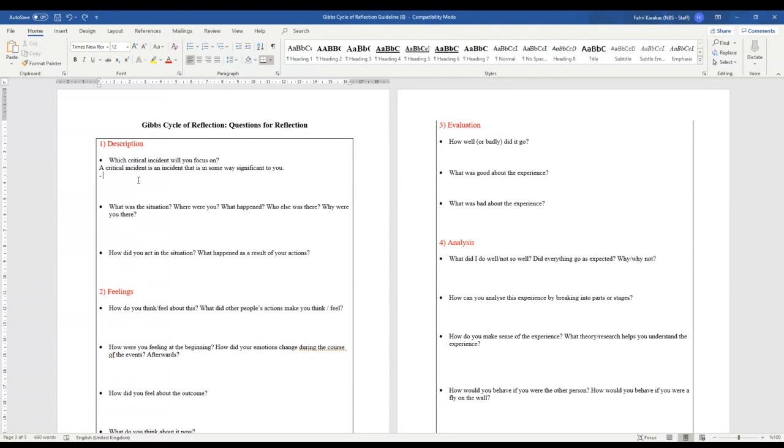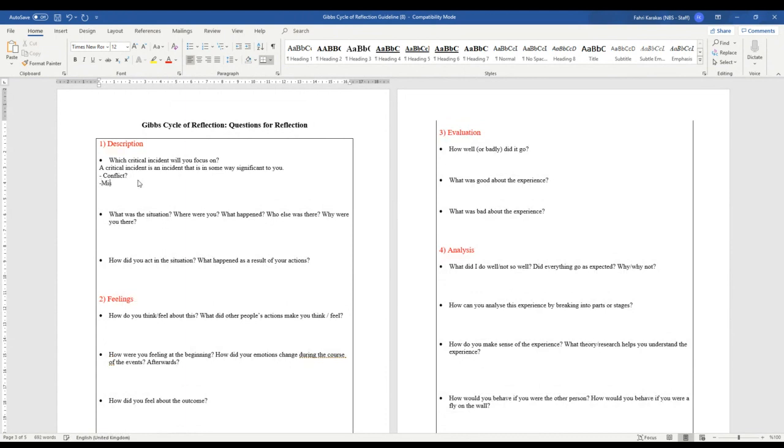Which critical incident would you be choosing? It can be a conflict with somebody, or a misunderstanding, a communication gap, or a mistake that you have made. And what can you learn if you go back to that mistake? What can you learn from that mistake, and how can you turn it into deeper learning?